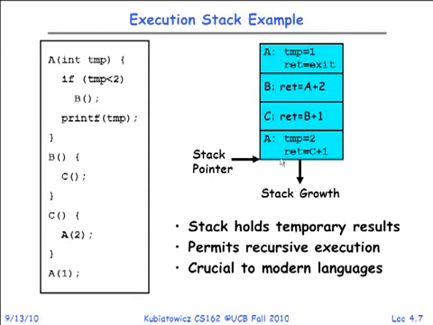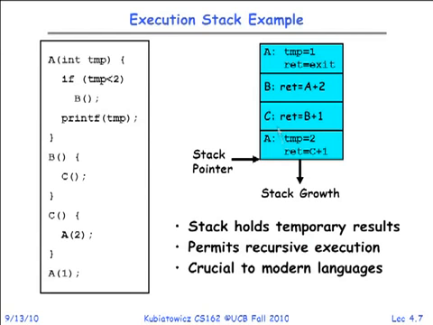If you call A of 1 and it calls B, and B calls C, and C calls A of 2, then down that call chain we end up with A again, with a different variable temp. As we're calling, we're allocating things on the stack, and as we're returning, we're popping them off the stack.